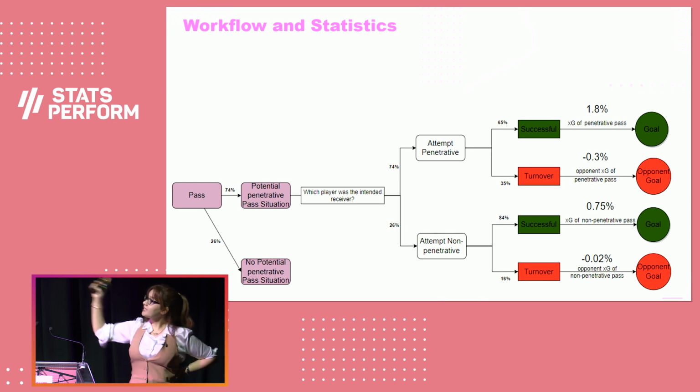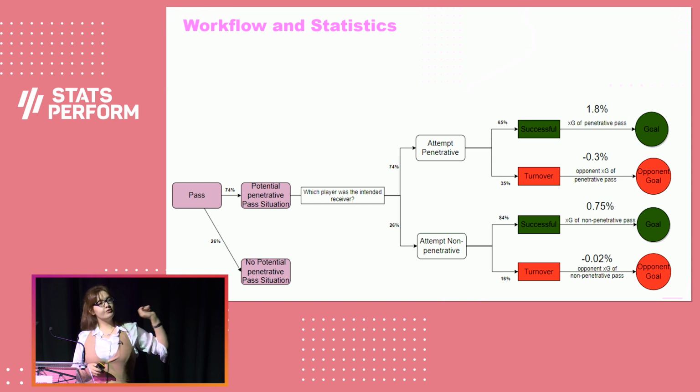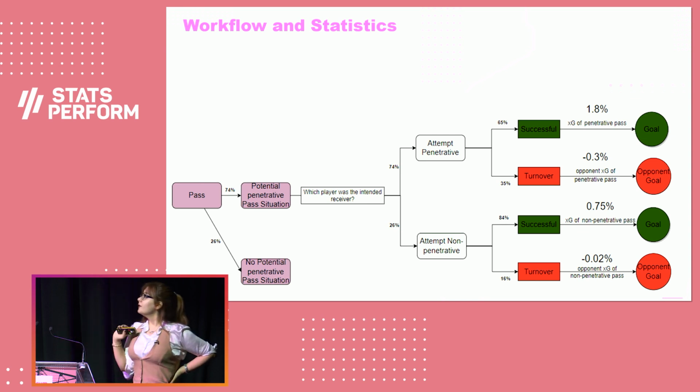On the other side, the expected goal of the opponents, if it is a turnover, is minus 0.3%. It means that if they lose the ball and there is a turnover, then out of 100, 0.3 goals will be scored by the opponent's team in the next 20 actions.